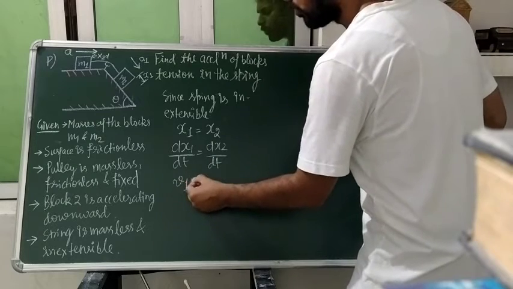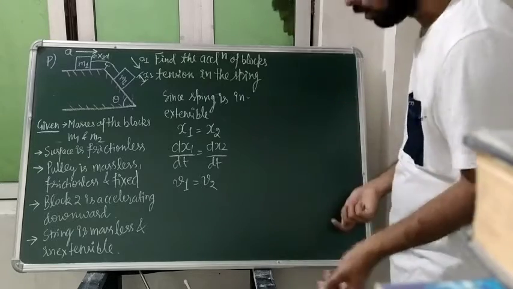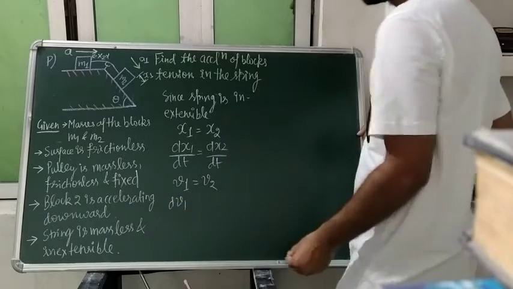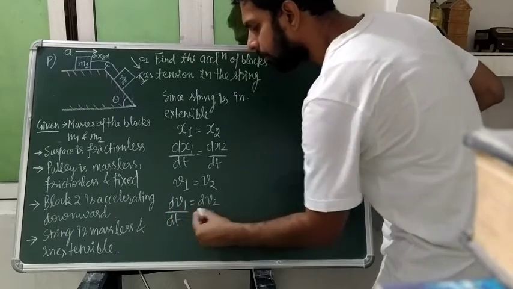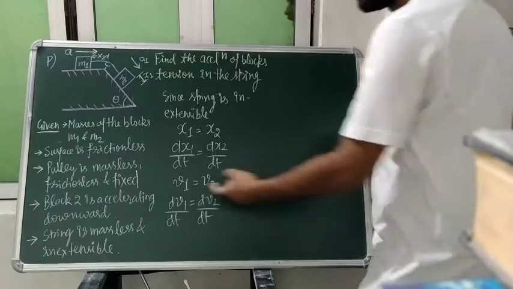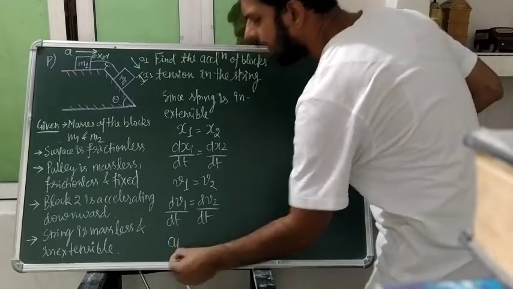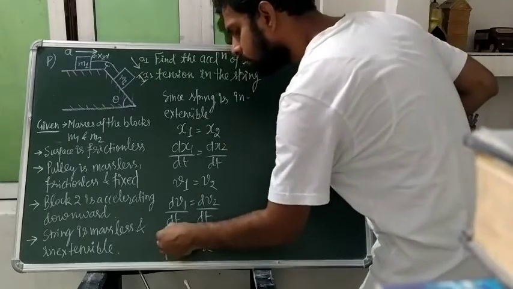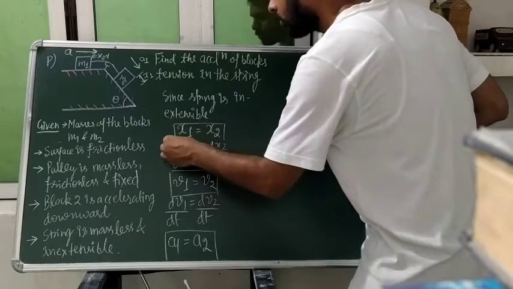So v1 is equal to v2, meaning the velocities of the blocks are also the same. When you differentiate these velocities again, dv1 upon dt is equal to dv2 upon dt, and change in velocity upon change in time gives us acceleration. So a1 is equal to a2, and v1 is equal to v2, and x1 is also equal to x2.